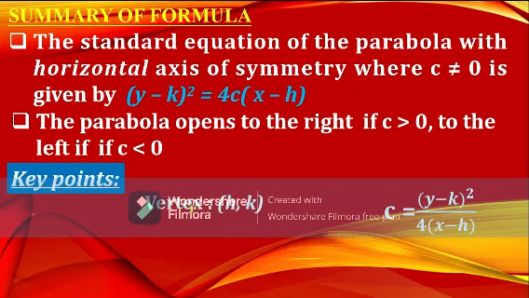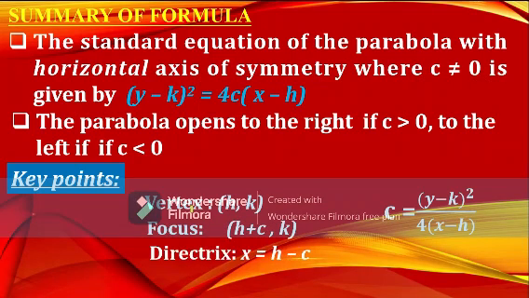And the key points: vertex (h, k), the focus is (h plus c, k), directrix is x is equal to h minus c, the axis of symmetry is y is equal to k, and the alternative way of solving for c is y minus k quantity squared over 4 times x minus h.